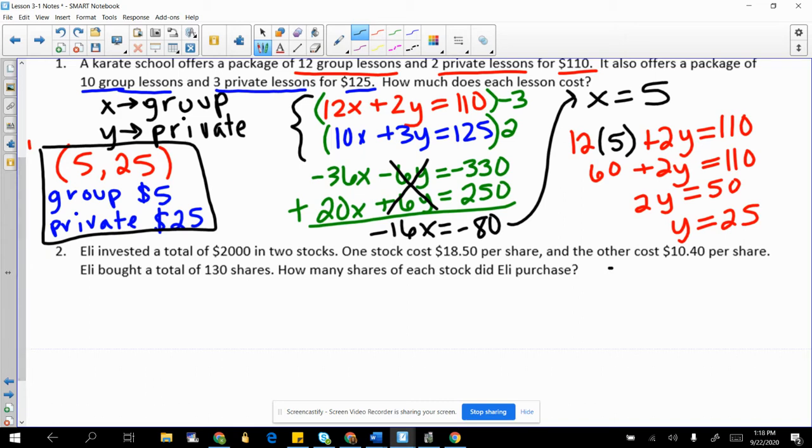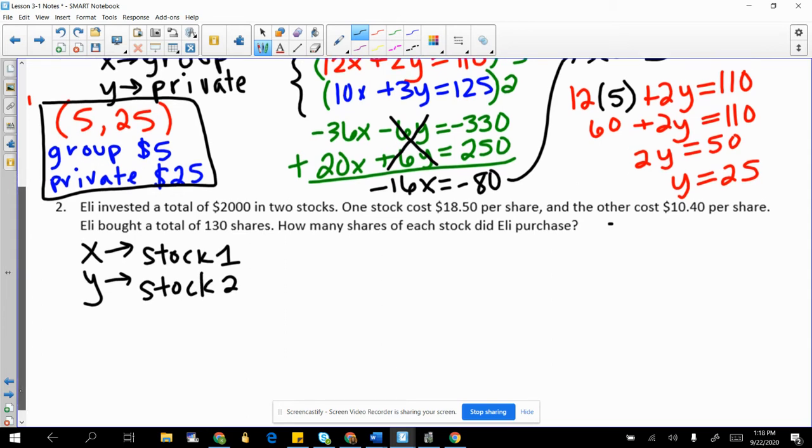So again, let's go ahead and start by representing what X and Y are going to stand for. So X should represent stock 1. And Y, stock 2, because it says that he puts money into 2 stocks.